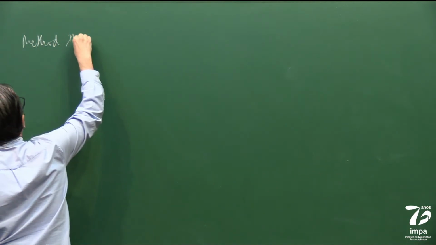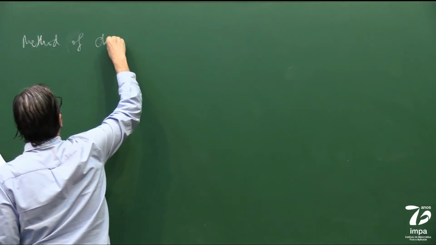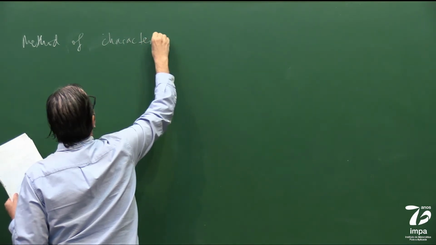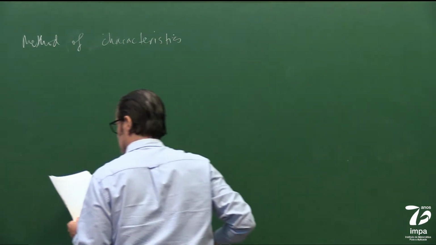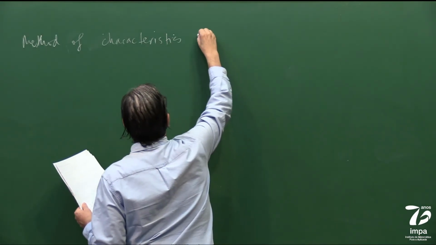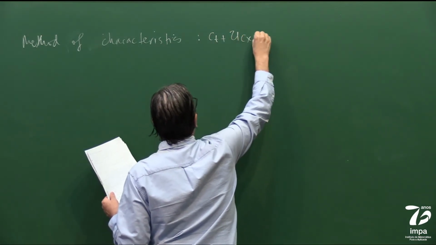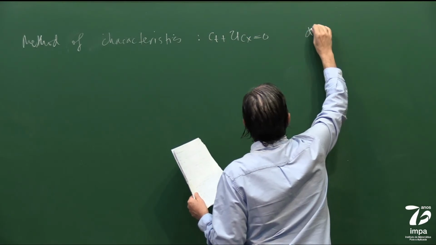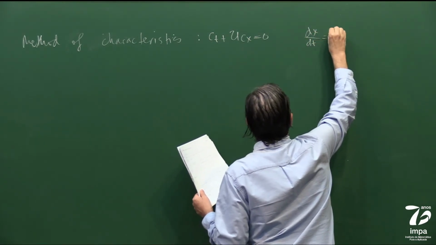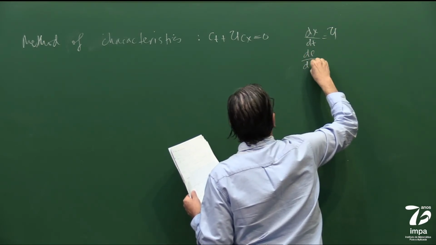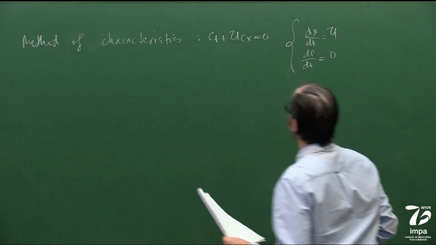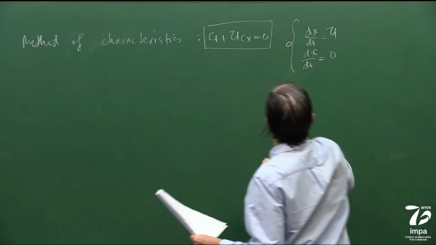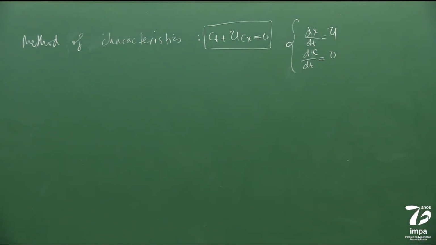As we saw, the method of characteristics basically amounts to somehow rewriting this PDE as something that looks like a system of ODEs, but it's not a system of ODEs, right?